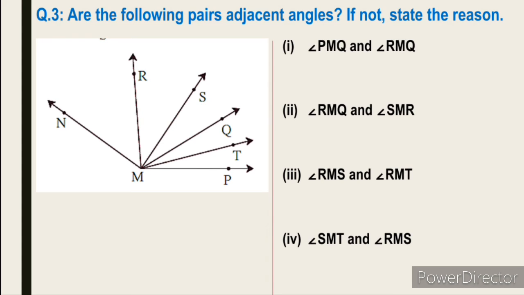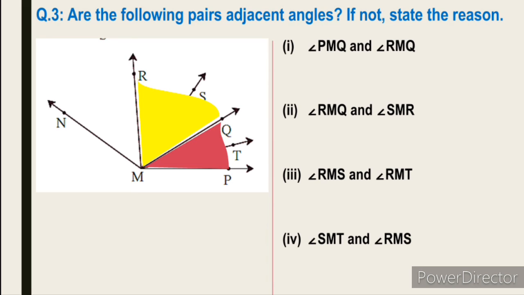Your first one, the name of the first pair is angle PMQ. Can you see the red marking on the diagram? Yes, so that is angle PMQ and RMQ. So they are adjacent.